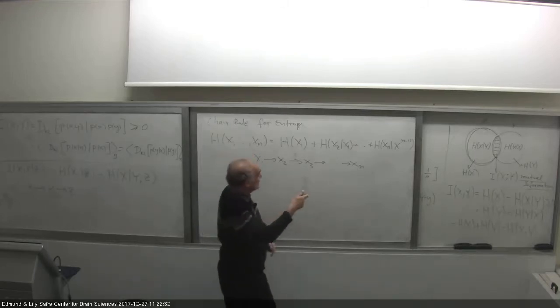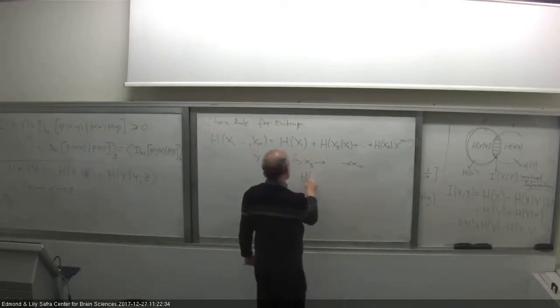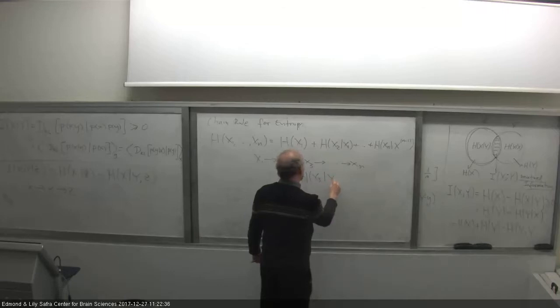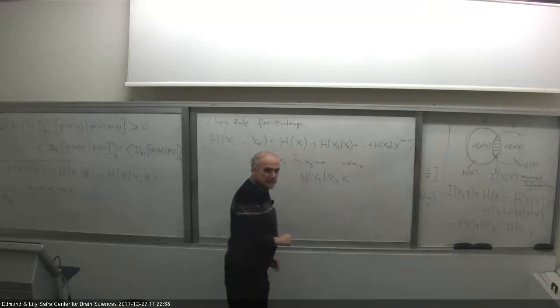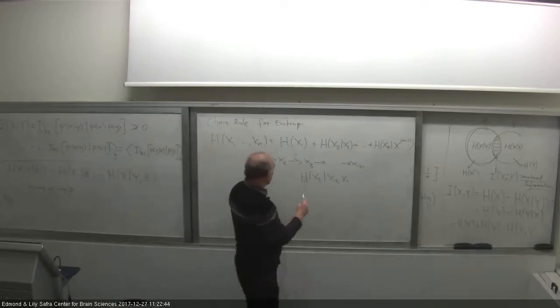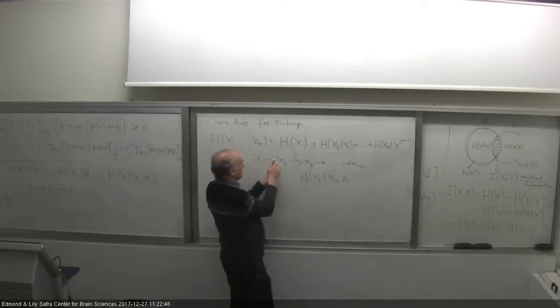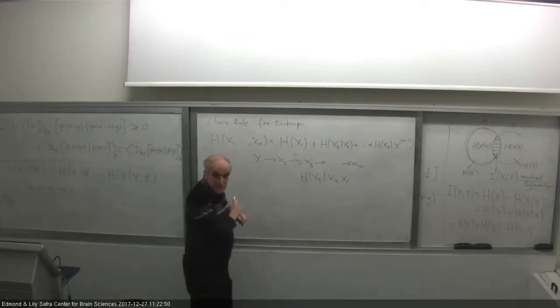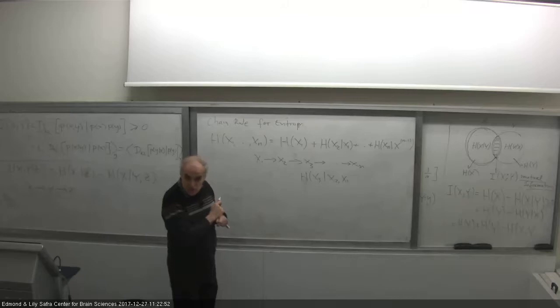But the entropy of x3 given x2 and x1 is what? Yeah, so it doesn't remember, it's not affected by x1 because everything that affects x3 goes through x2. That's the meaning of this Markov chain.